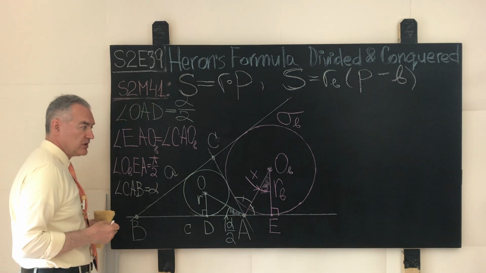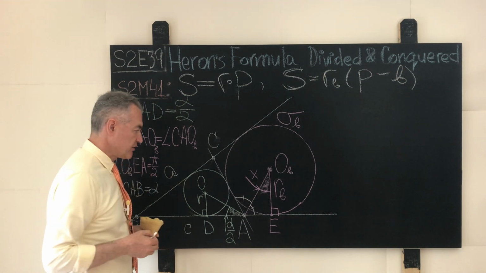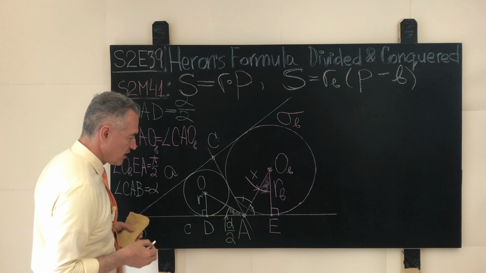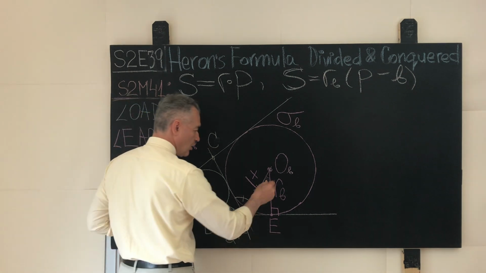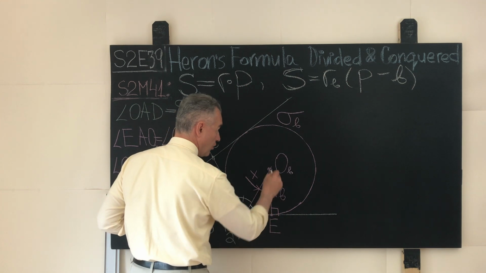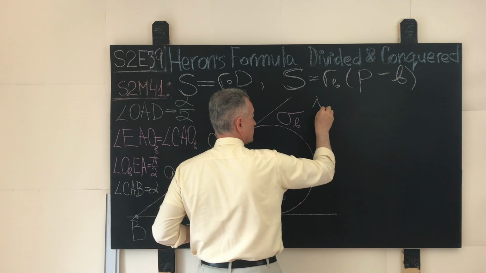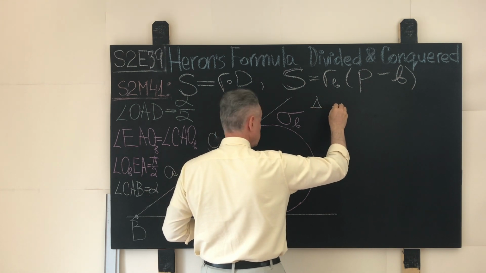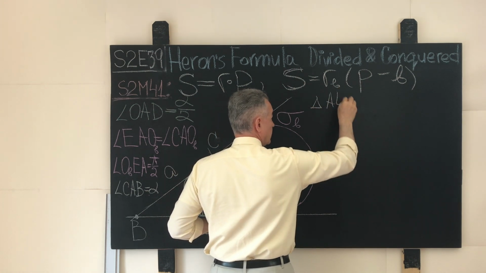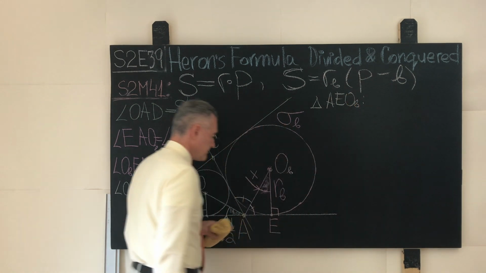And now we engage in the process, which in Olympiad math is called angle chasing, but it's not really that complicated. We begin with the triangle, which one? AEOB. So with the triangle AEOB, we write the following.